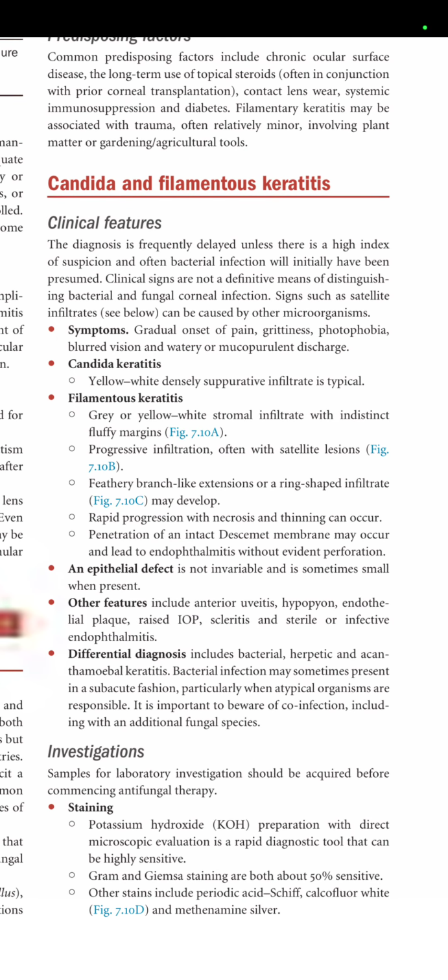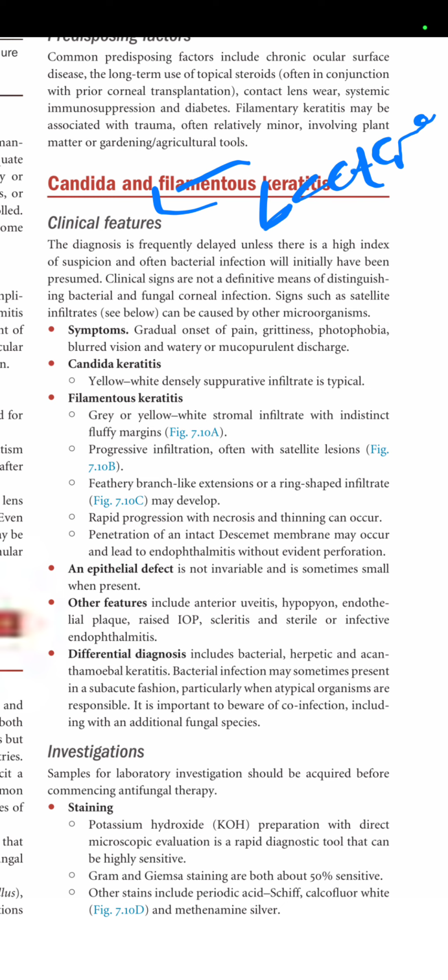The diagnosis and clinical features. The diagnosis is frequently delayed unless there is a high index of suspicion, and often bacterial infection will initially have been presumed. So at first it seems like a case of bacterial keratitis, but it is indeed a case of fungal keratitis. Clinical signs are not a definitive means of distinguishing bacterial and fungal corneal infection.